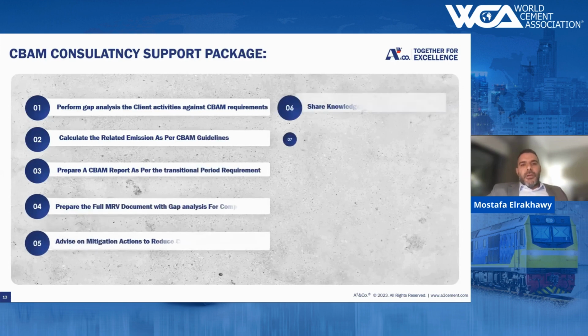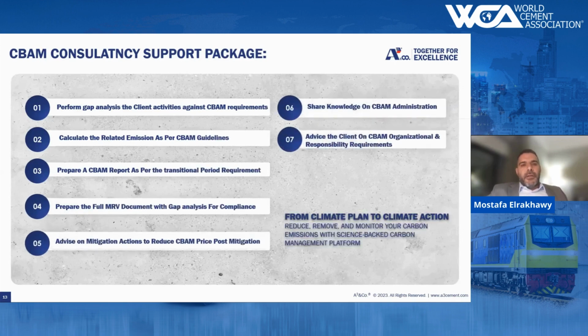What we can do for CBAM at AQ: we are providing gap analysis for cement plant activities against the CBAM requirements, as well as calculating the related emissions as per the CBAM guidelines, as I showed you before.